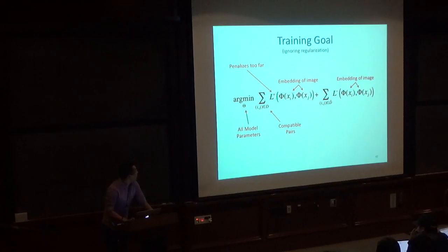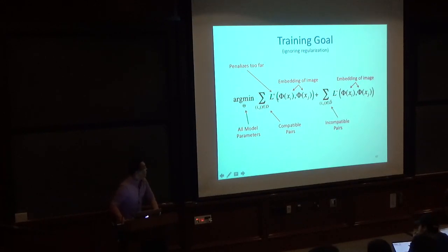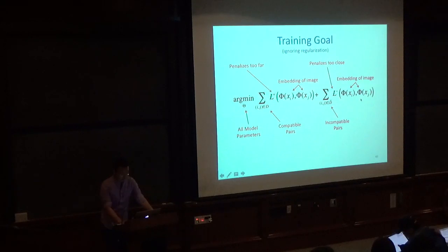So L plus penalizes if the location of these two embeddings are too far from each other. And the second sum is over incompatible pairs, and L minus is a high penalty if the embeddings of these two images are too close to each other. That's the high level idea.